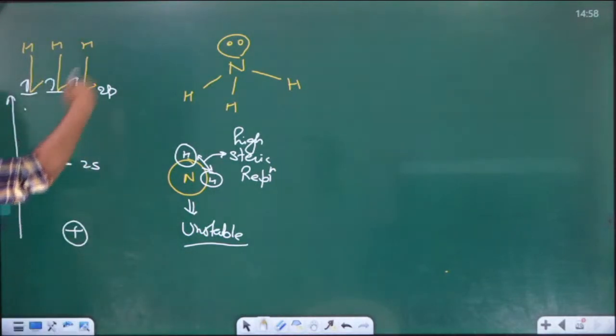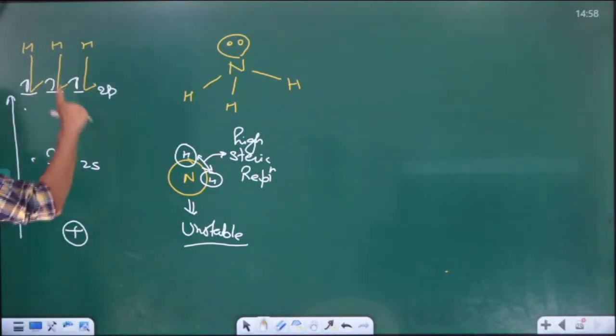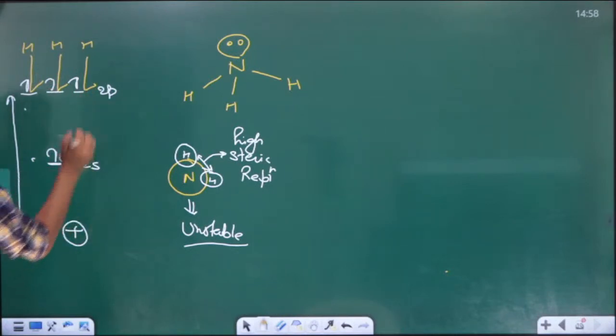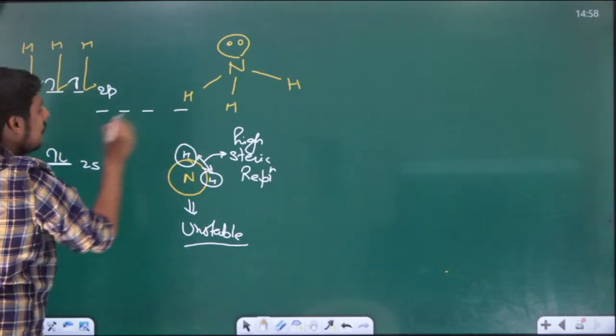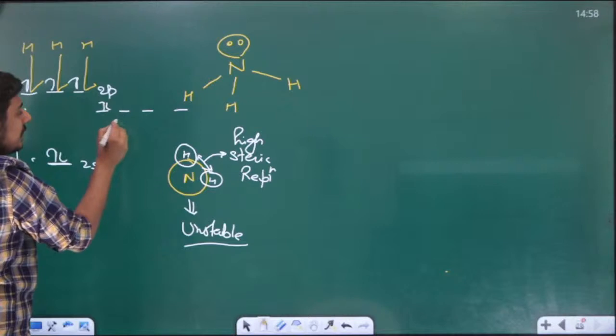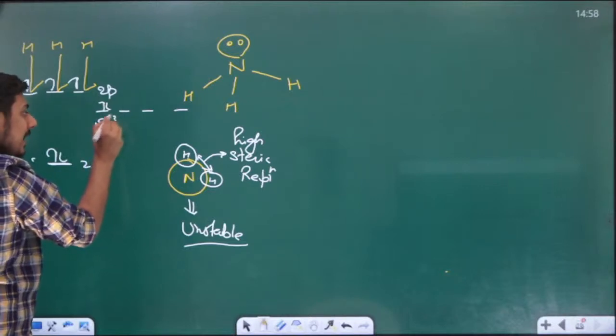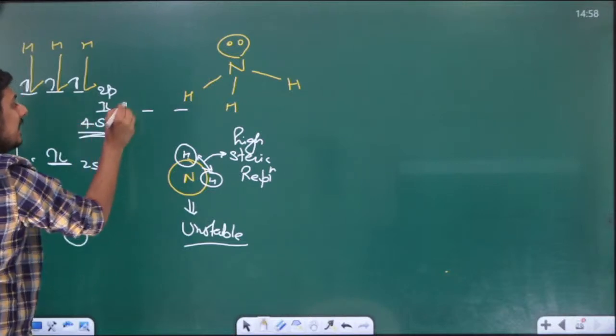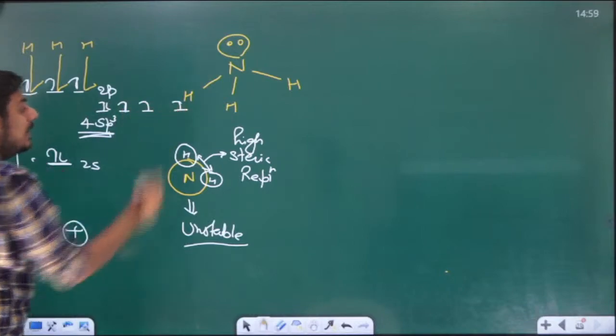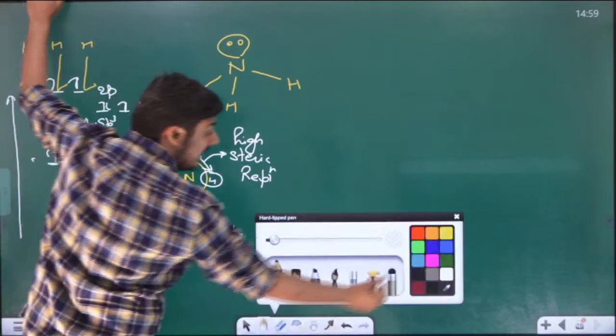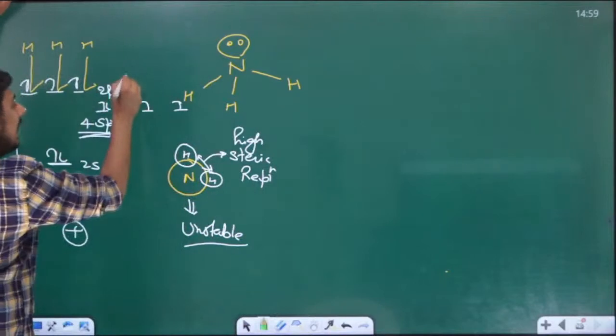So for the formation of NH3, we used to say that there should be sp mixing, and with this sp mixing there was formation of new sp3 hybrid orbitals, four sp3 hybrid orbitals having one lone pair and another three unpaired electrons. Now these sp3 hybrid orbitals bond with hydrogen.